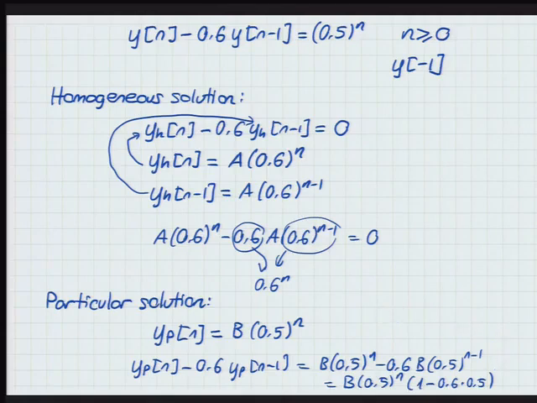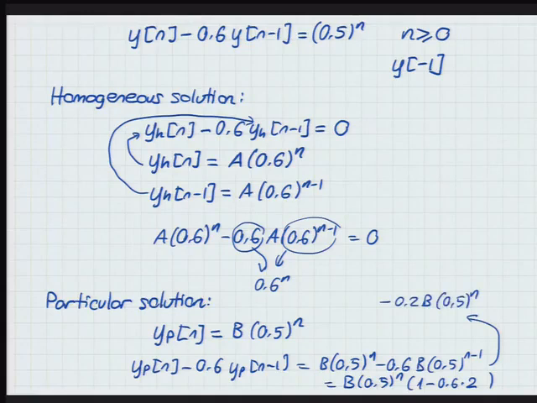Okay. So if I factor out 0.5 to the n out of 0.5 to the n minus 1, what remains is 2, right? Not 0.5, 1 over 0.5. Do you agree? Okay, so this should have been 2. My bad. So that gives us negative 0.2b times 0.5 to the n.